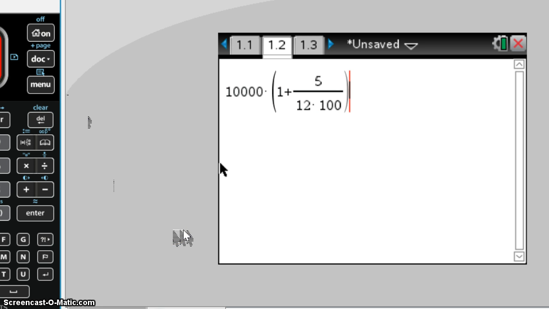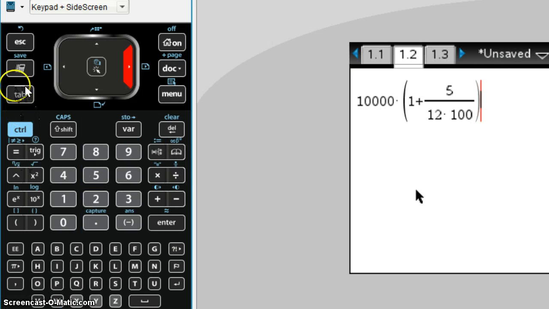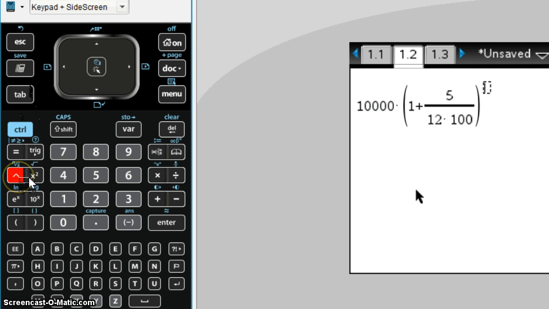Now, how do I do the power? The power is the little hat symbol, and I'll try and get that. There we go, that little hat symbol there. That means to the power of, so I can push that, and then it's to the power of 2 times 12, like that. Now, I'm going to push enter, and I'm going to see what I get.